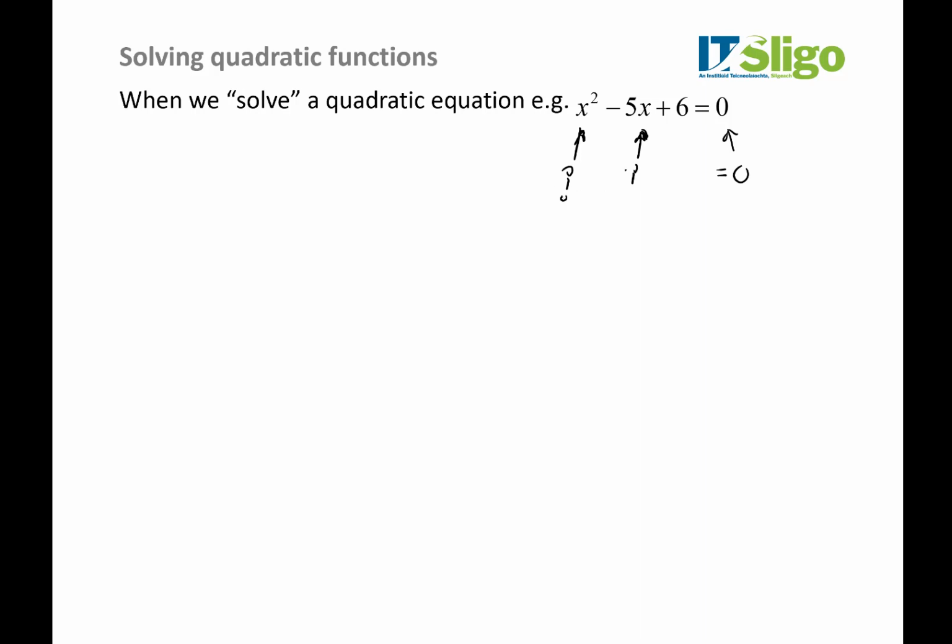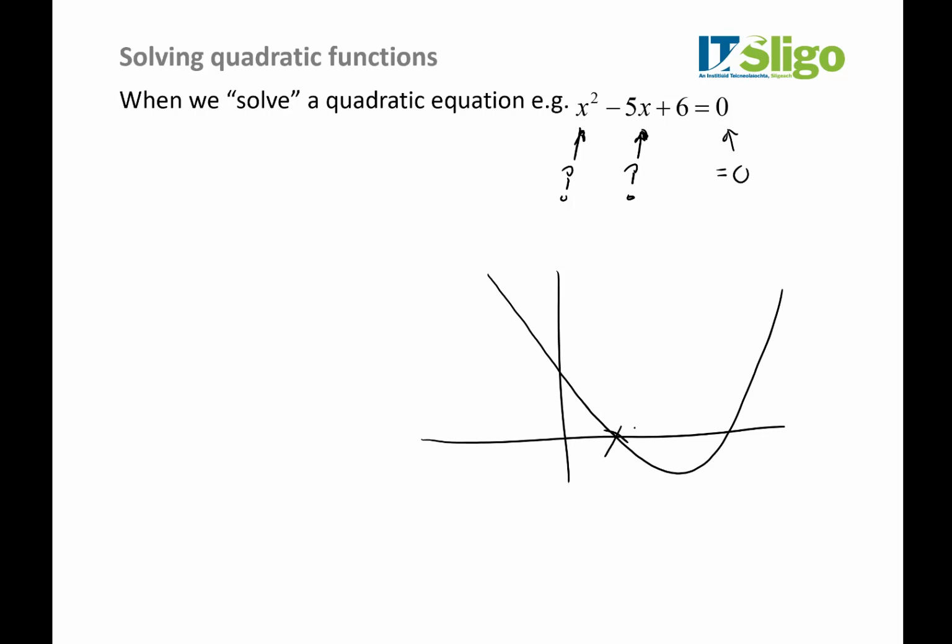So what value of x will give me an output of 0? When we draw it on a graph, I'm looking for these values here, because remember that horizontal line is my output is 0. So I'm saying what x values will give me an output of 0.